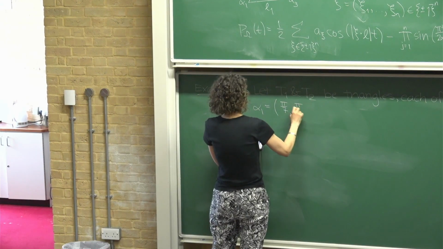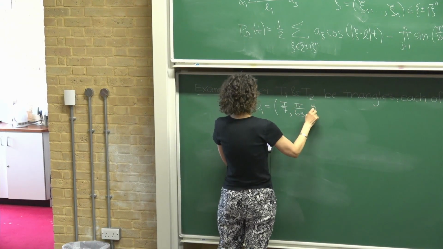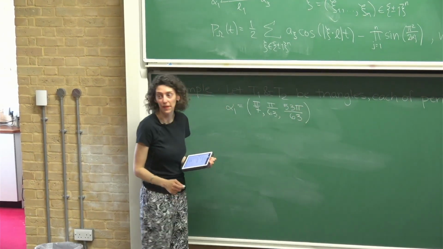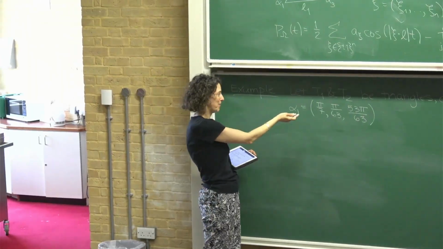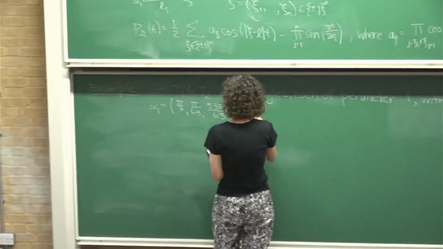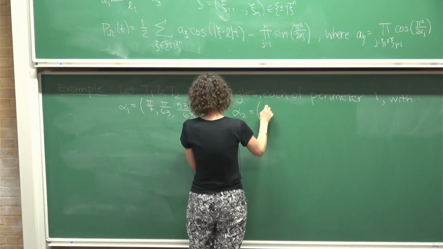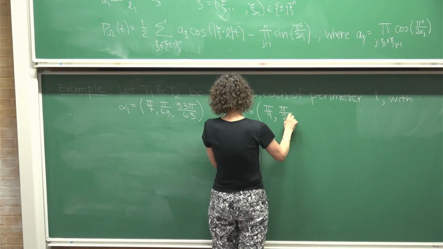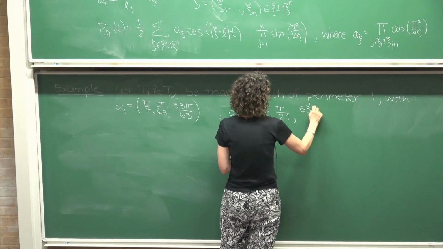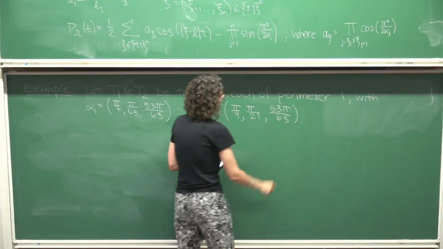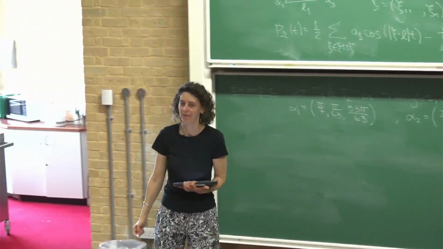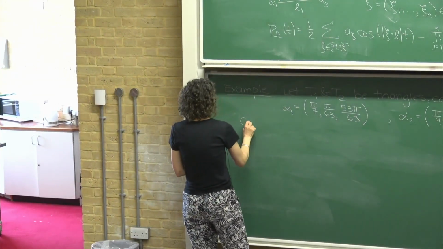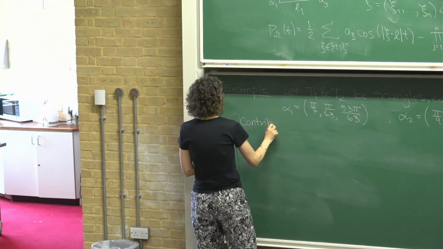Alpha 1 has angles pi over 7, pi over 63, and 53 pi over 63, exactly the triangle you would first think of, right? And alpha 2 has angles pi over 9, pi over 21, and 53 pi over 63. Okay, let's compute. So for T1, let's just think about T1.